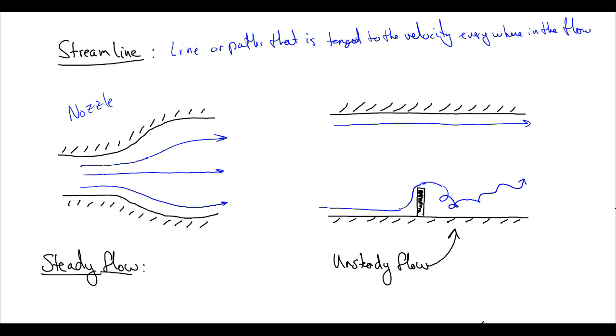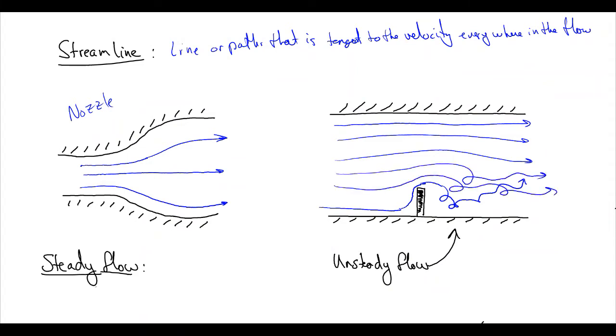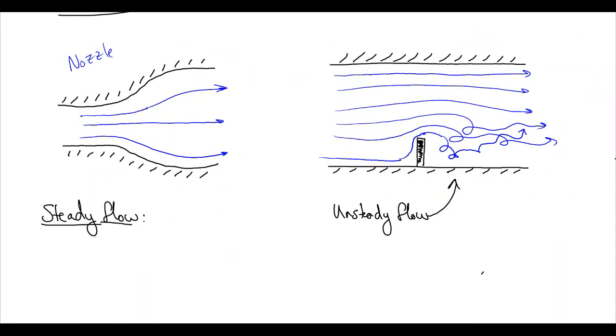So we're going to start to get a little bit of a bend like this. And then we're eventually going to get entrained in this flow, and the closer we get to the obstruction, the more unsteady and the more turbulent the flow is going to get, the more rotational the flow is going to get.